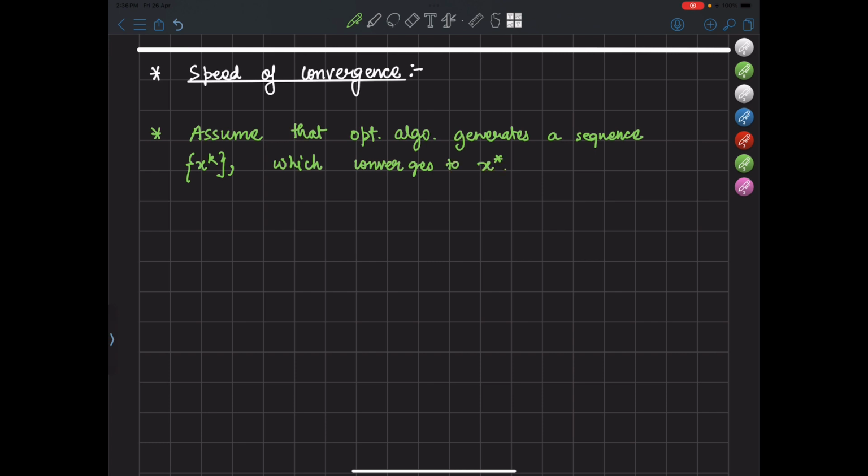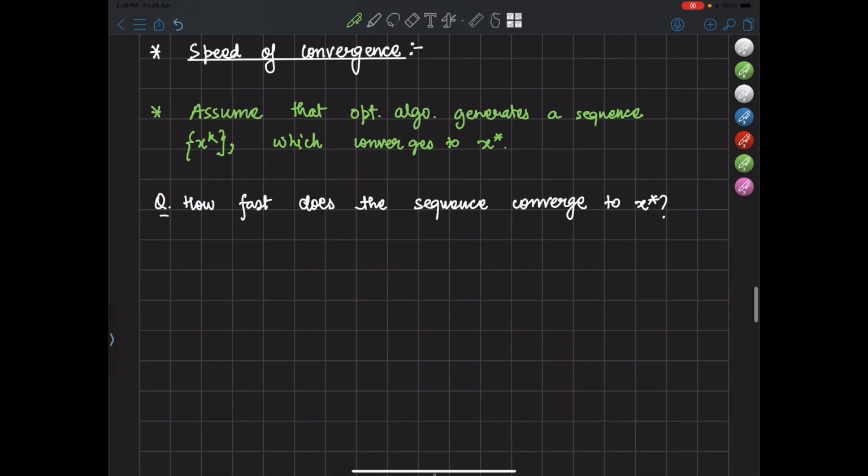The question is, how fast does the sequence converge? To answer this question, we'll have to define certain parameters related to speed of convergence. So we'll first define them.